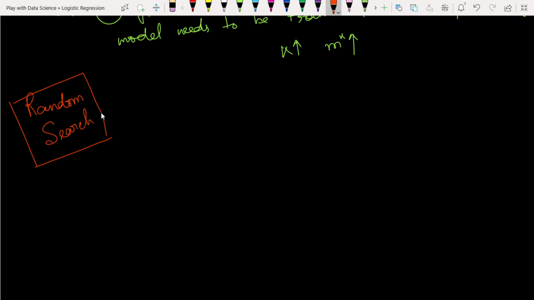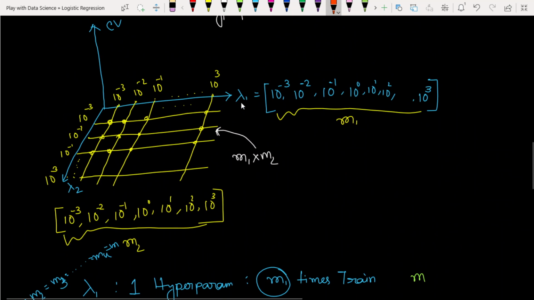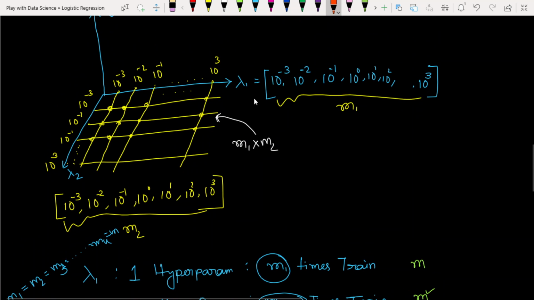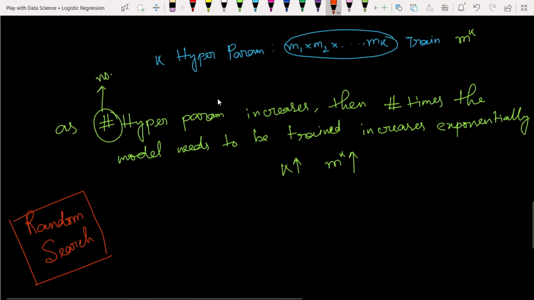In random search, unlike grid search, where we first take a hyperparameter, divide it into some number of points, and plot the cross validation for each, here we are not taking the points at intervals. Here we take the points randomly.